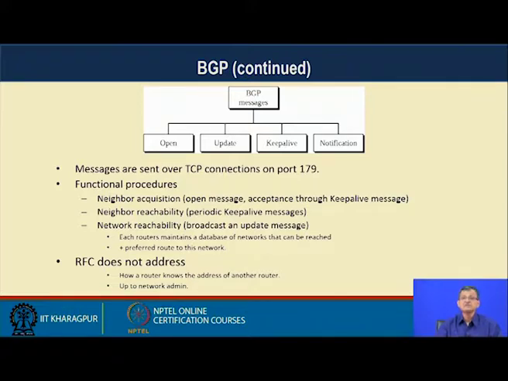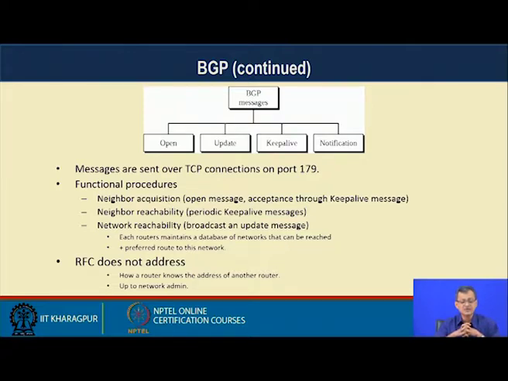Keep alive basically says that the router is ready for receiving messages, so it is sort of a beacon. And if there are some erroneous or sudden conditions which need to be alerted, the notification is used.